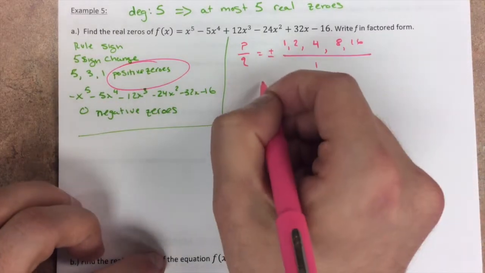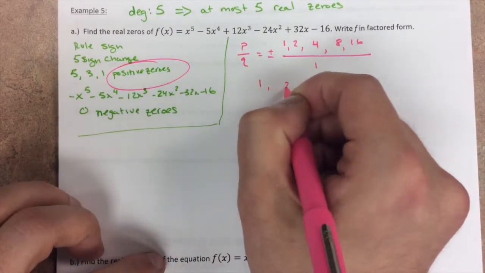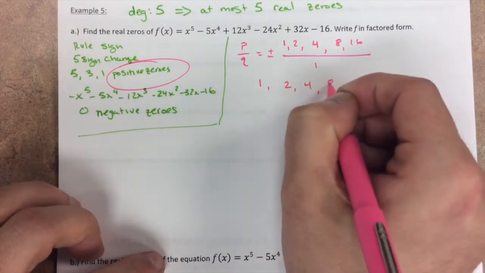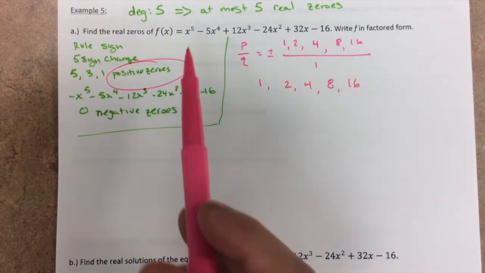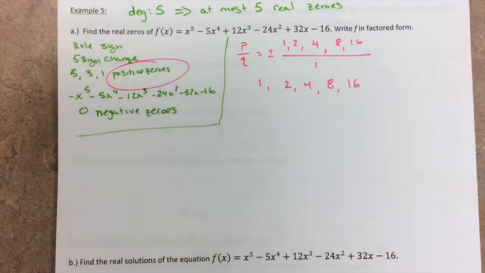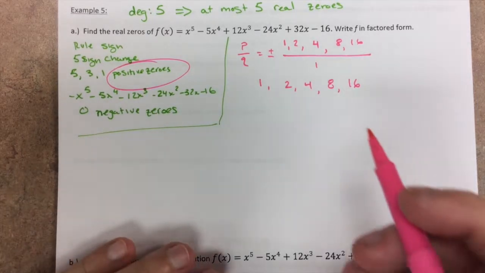So my potential list to check: 1, 2, 4, 8, and 16. So I've already narrowed it down. These could be all 5. We could have repeats. So it's important that at each step we check to figure out what happens at each spot.